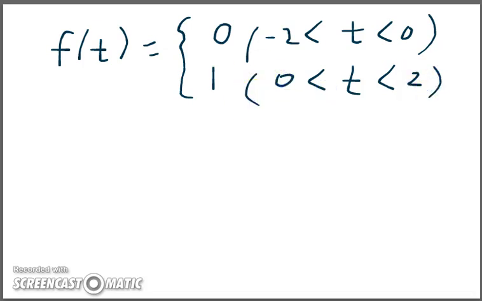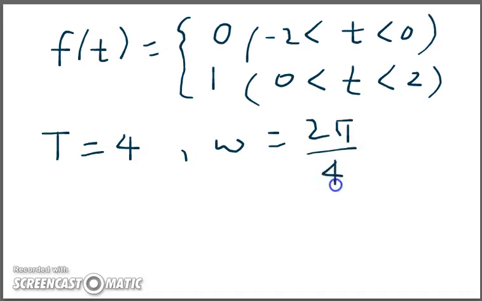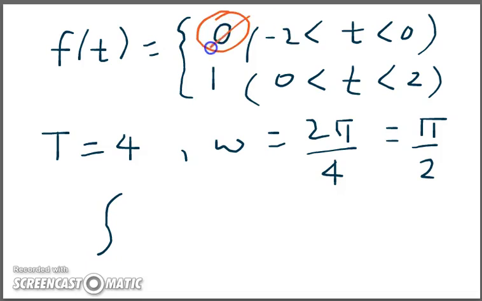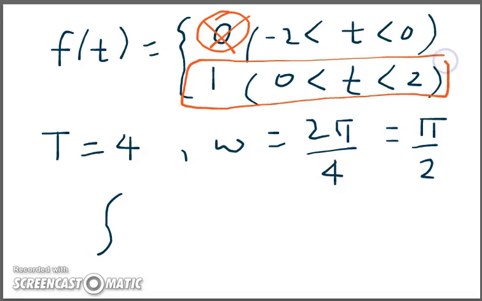From the question we already know that T equals 4, omega equals 2 pi over 4, hence equals pi over 2, and the relevant boundary: since we have 0 here, there is no need to integrate there. What we will consider is only this one, where we have 1 and dt, from 0 to 2. That's the only thing we should know now.